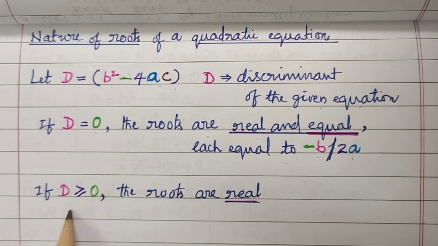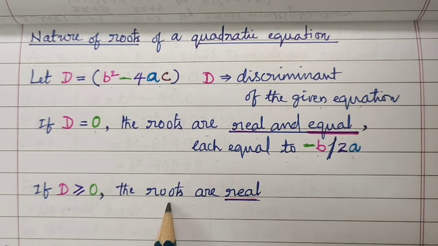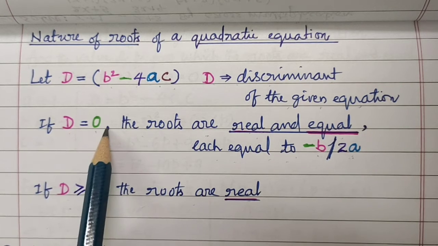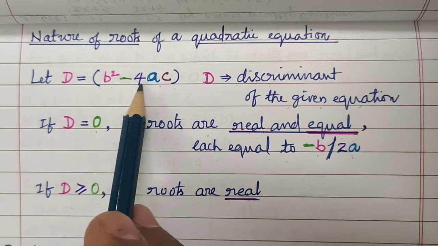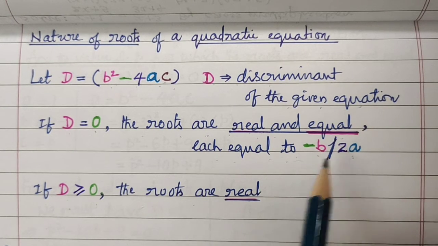If D is greater than 0, the roots are real. Greater than or equal to 0, the roots are real. If D is equal to 0, D is b square minus 4ac, the roots are real and equal, each equal to minus b by 2a.